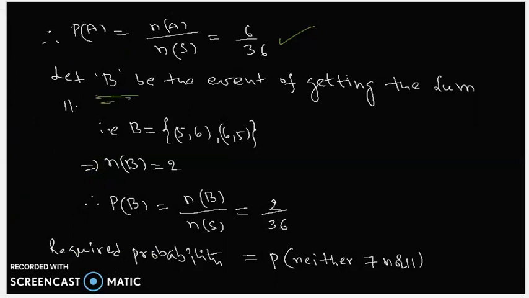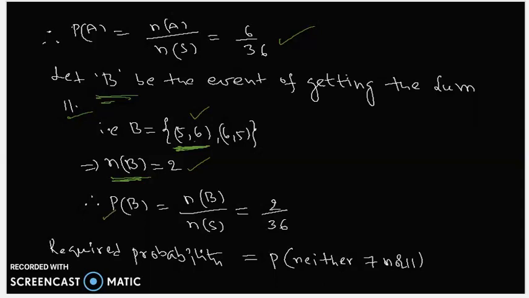Let B be the event of getting the sum 11. So B equals all outcomes in which the numbers sum to 11. So 5 plus 6 is 11, 6 plus 5 is 11. So the number of elements in B is 2.